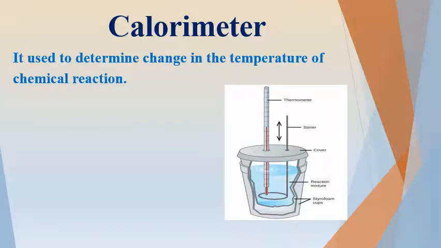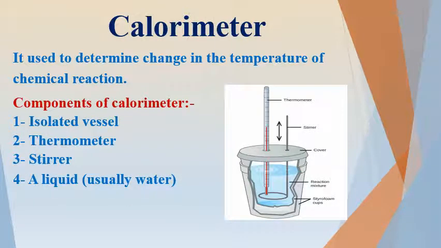As you see, the components of the calorimeter: number 1, isolated vessel; number 2, thermometer to measure the initial temperature and final temperature; number 3, stirrer to stir the water and distribute the temperature all over the water; number 4, liquid, usually water.